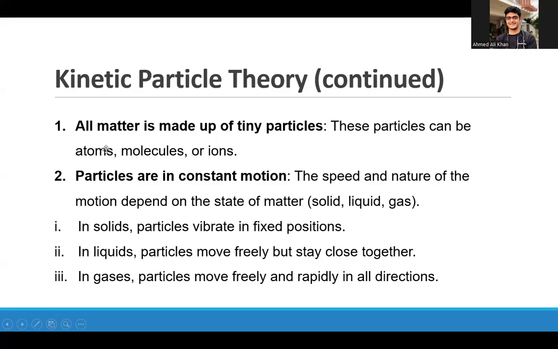Either these particles can be charged or they can be uncharged. Most of the time they exist as uncharged particles, but if they are charged, they are known as ions.